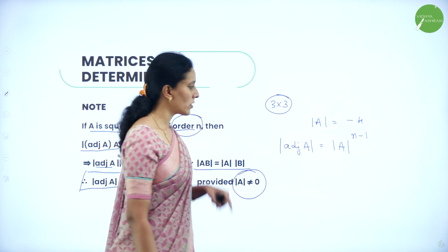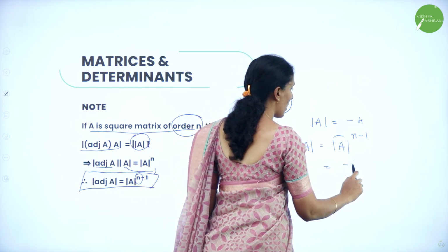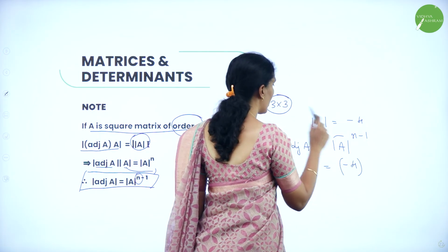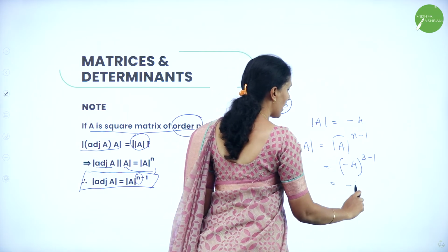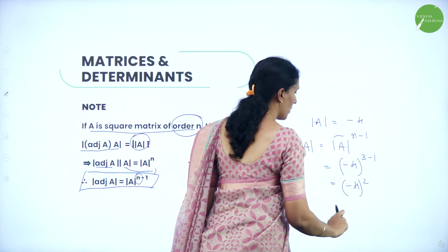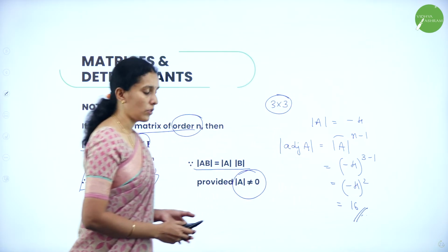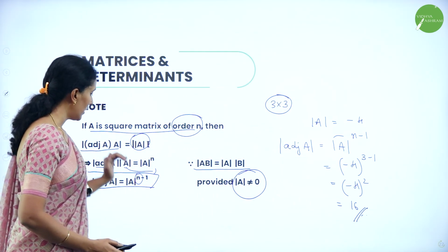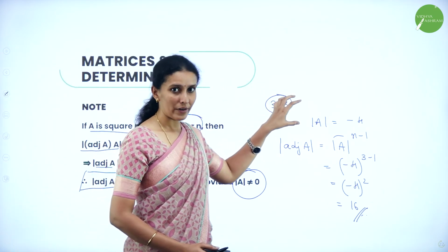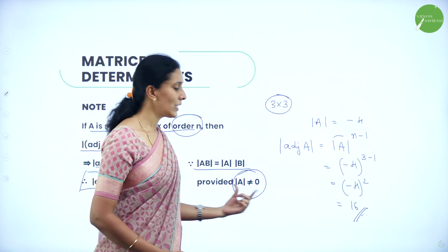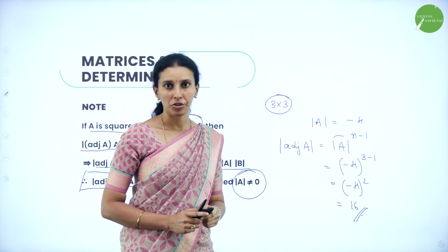Since it is a 3 cross 3 matrix, we take determinant value minus 4 whole to the power 3 minus 1. So minus 4 whole square, that is equal to 16. So therefore, if the determinant of A has some value and the order of the matrix is given, then we can find the determinant value of adjoint A using this relation.